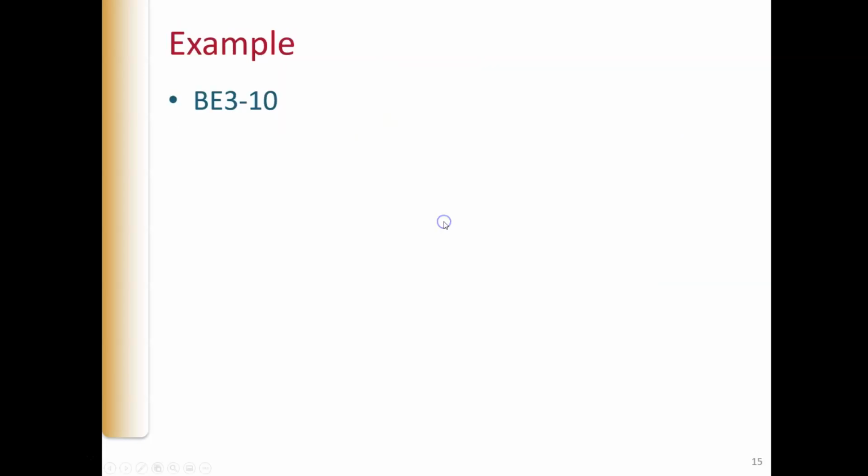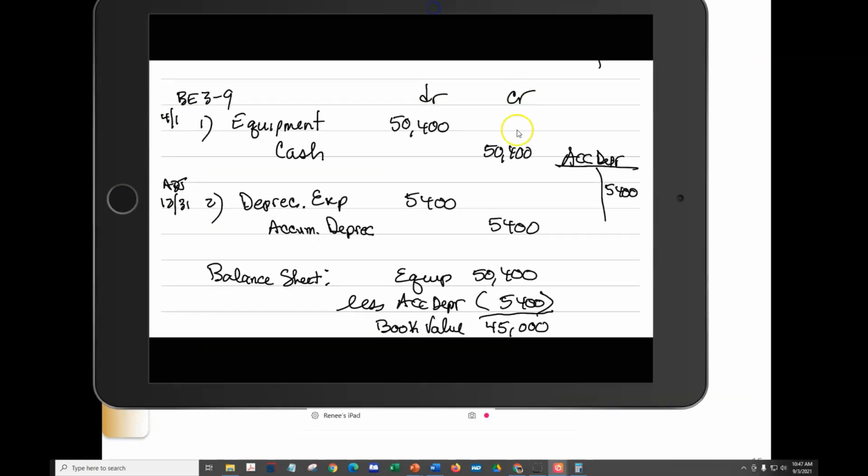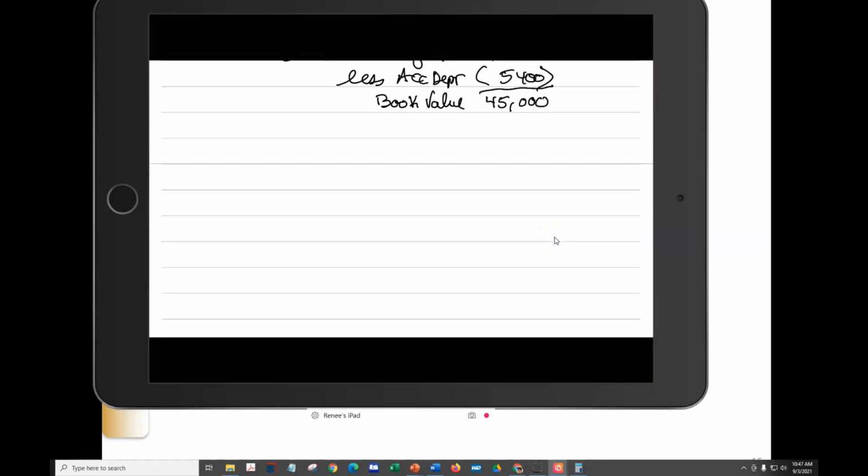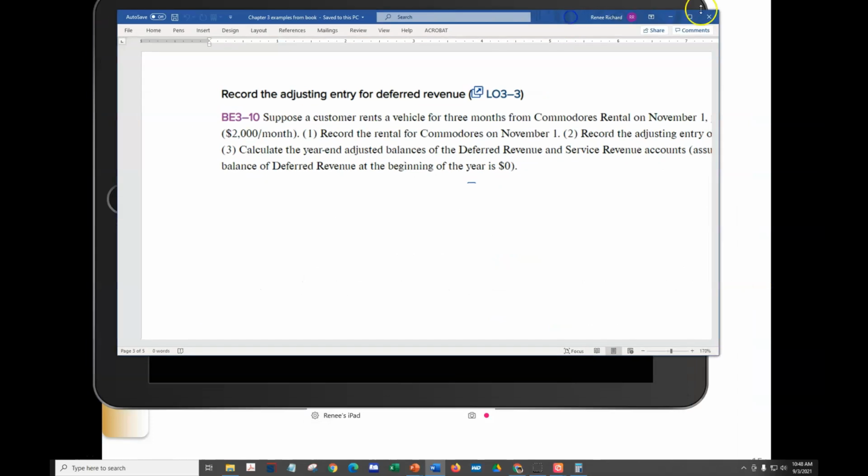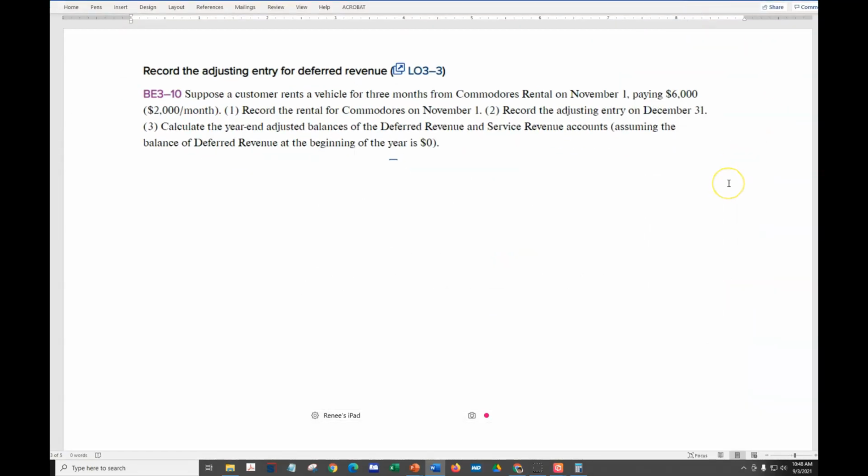Let's do an example of deferred revenue. We'll do BE 3-10. Suppose a customer rents a vehicle for 3 months from Commodore's rental on November 1st, paying $6,000 or $2,000 a month.